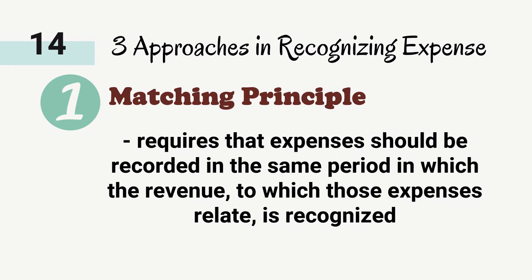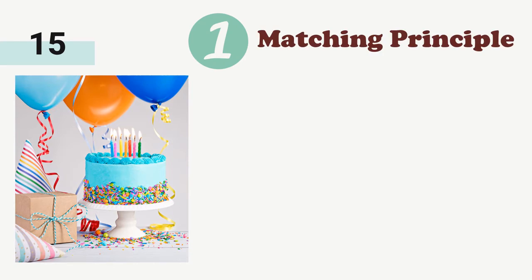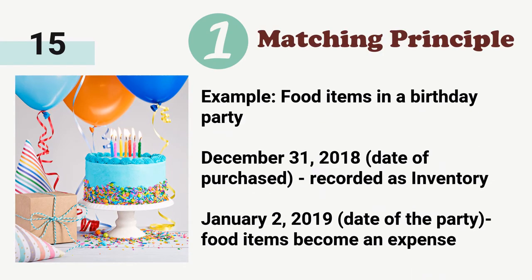This requires that expenses should be recorded in the same period in which the revenue to which those expenses relate is recognized. Let's take a look at this example. The food items in a birthday party may have been purchased on December 31, 2018. At this point, the food items are raw materials inventory.